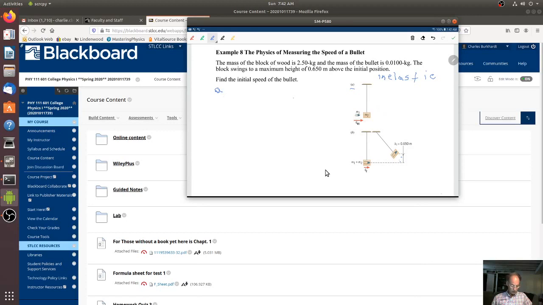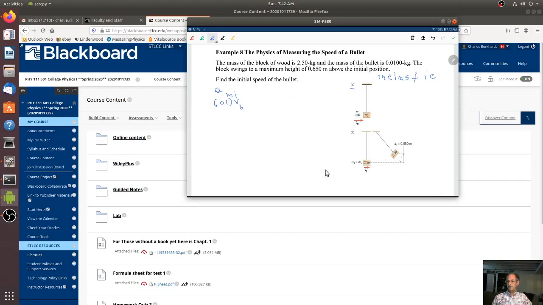So the initial momentum, I'll call it INI, is the mass of the bullet, 0.01 kilograms. That's 10 grams. That's a normal bullet. 0.01 kilograms, once again leaving off the units, times the velocity of the bullet. That's what we're looking for. I'll call it V sub B.